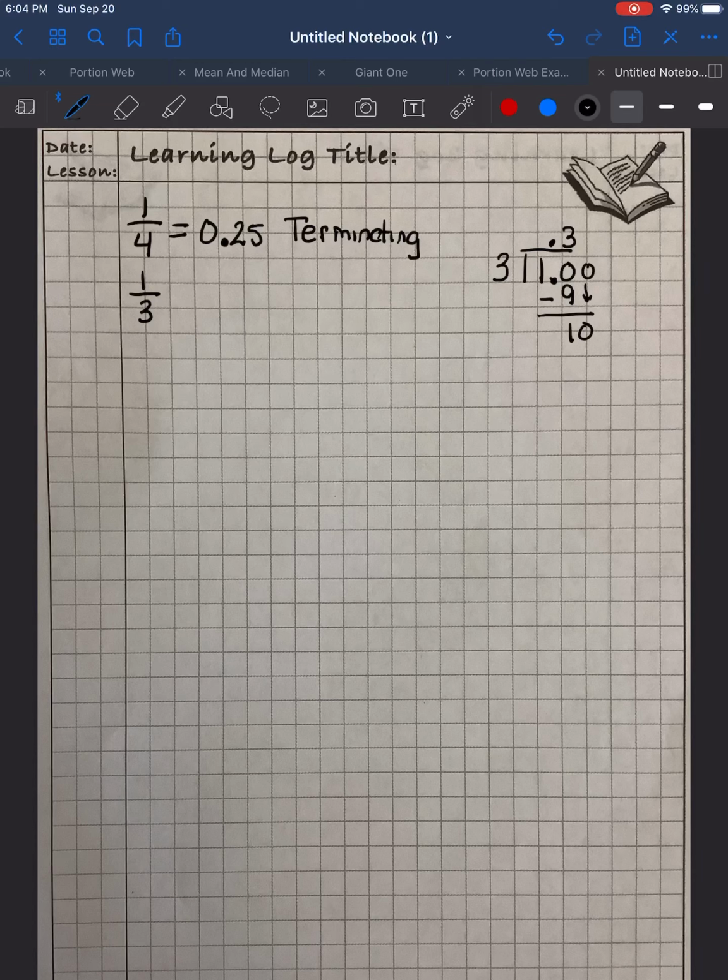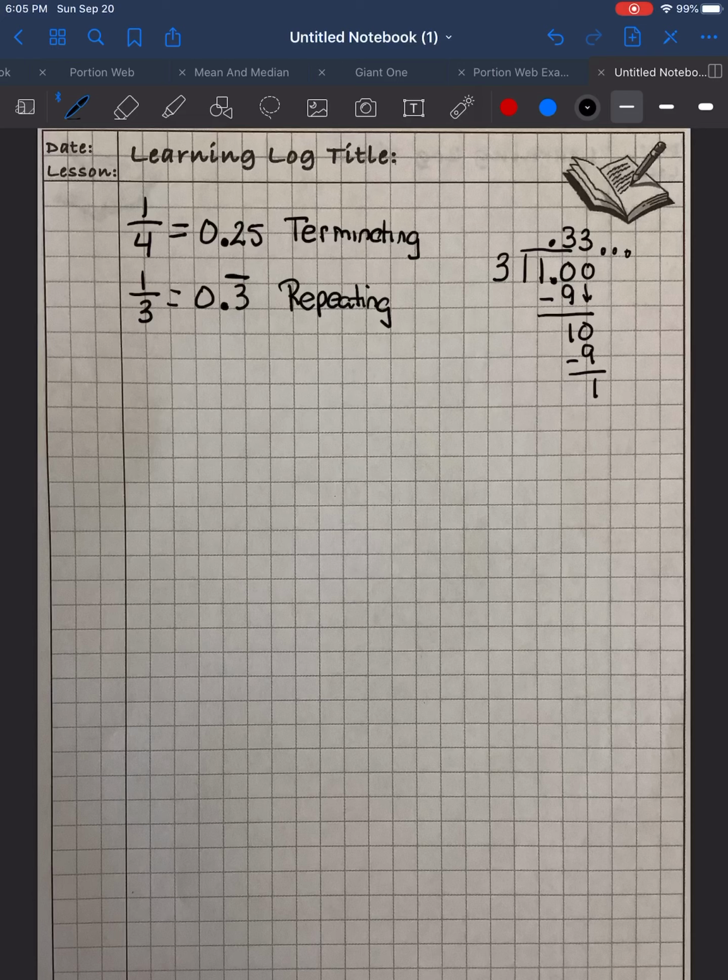From 10, again, I get 3 groups of 3, put a 9, subtract, I get a 1. And you're like, uh-oh, this is just going to keep happening. So we put 0.3, and I put a little line over the top of the 3 that says that is a repeating decimal. So those are the two kinds of decimals we get, terminating or repeating.